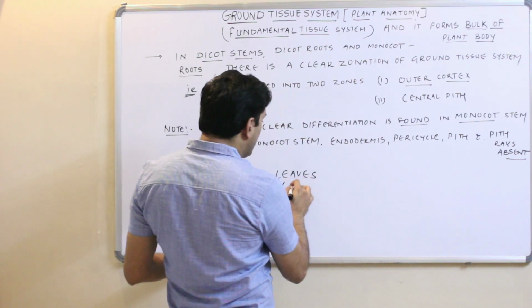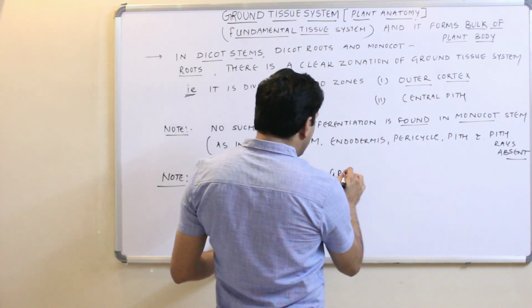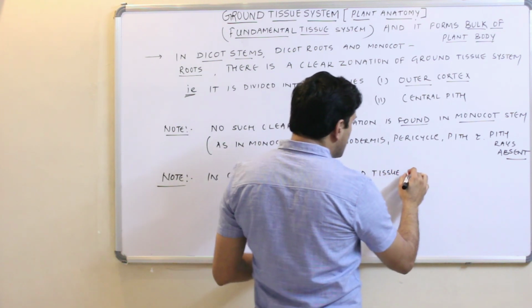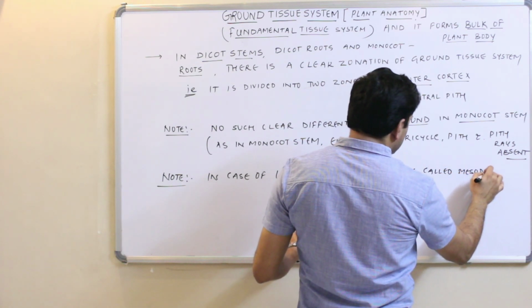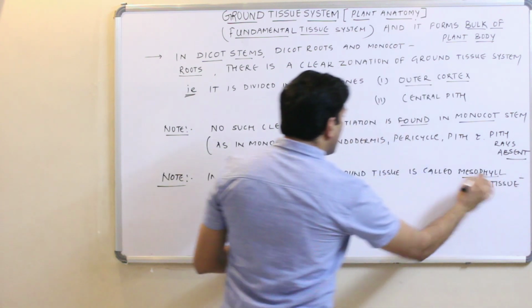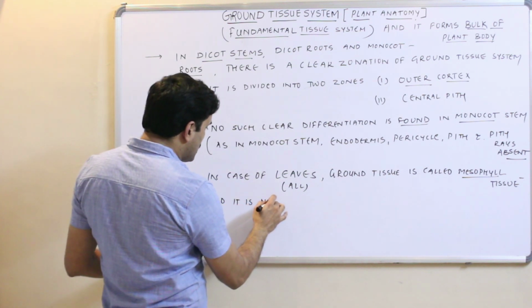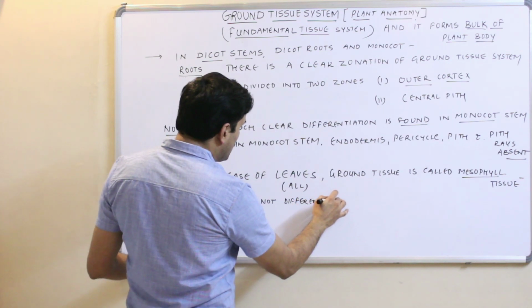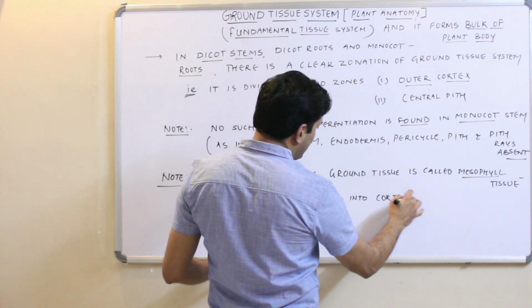In all leaves, the ground tissue is called mesophyll tissue, and it is not differentiated into cortex and pith.